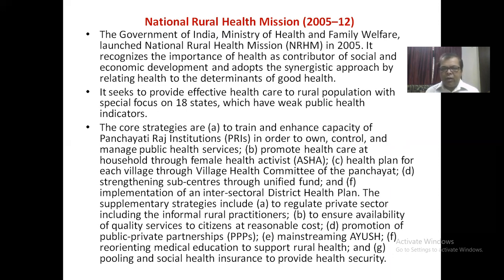We are already familiar that in 1993, the 73rd and 74th constitutional amendments talked about the local self-government institutions, and now this National Rural Health Mission, which later on became National Health Mission, also included the urban poor. So this program basically aligned with the democratic institutions like the local self-governments. And then it talked about ASHA.